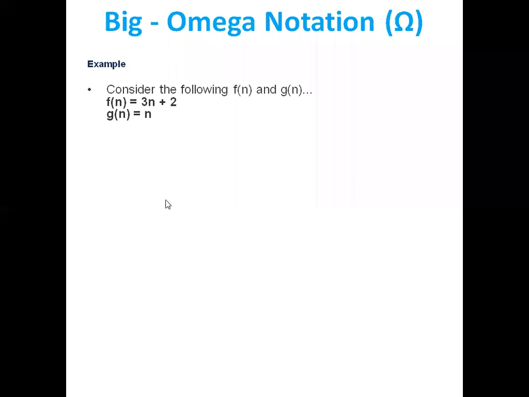See, there are two functions, f of n and g of n, such that f of n is equal to 3n plus 2 and g of n is equal to n, such that 3n plus 2 is greater than or equal to c into n.